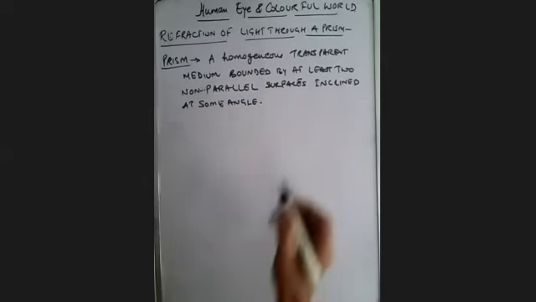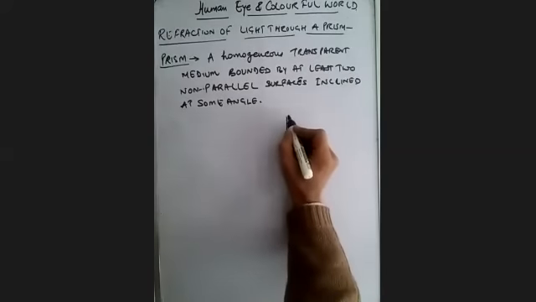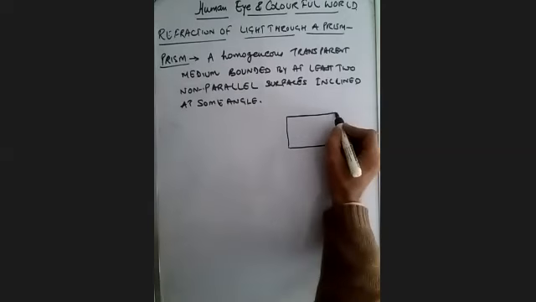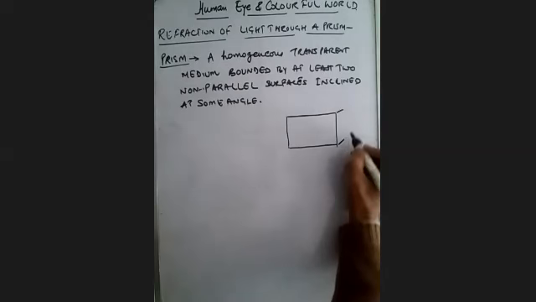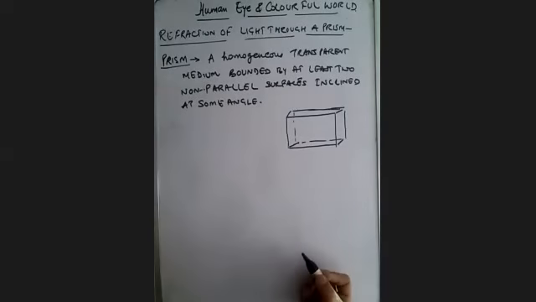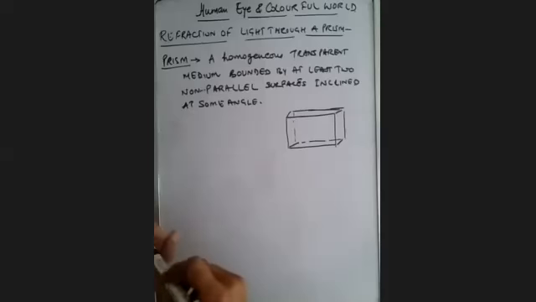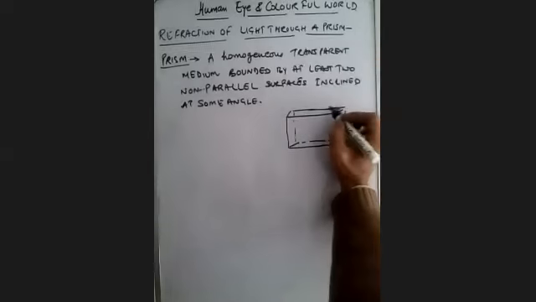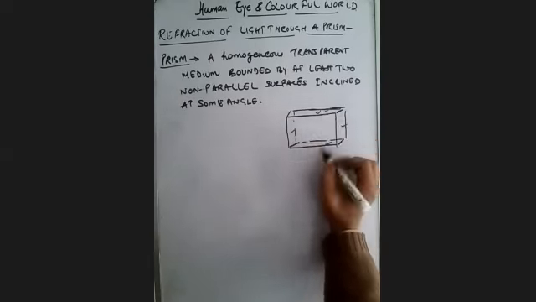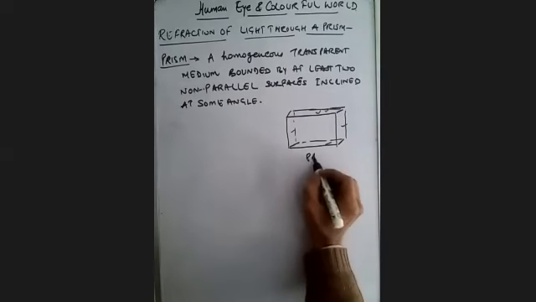Basically, imagine a glass slab. What you see is that the refracting surfaces are surfaces 1 and 2, and these are two parallel refracting surfaces.